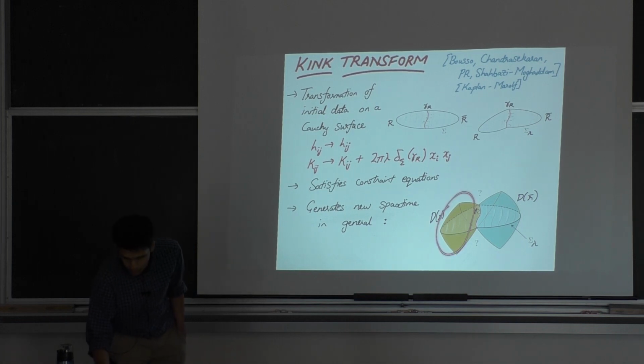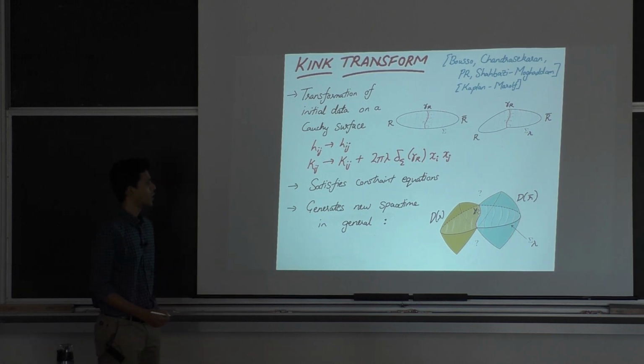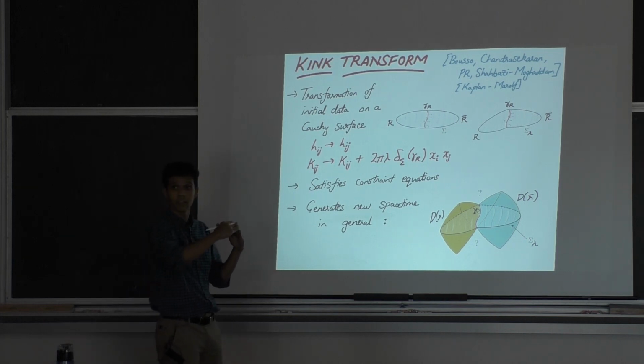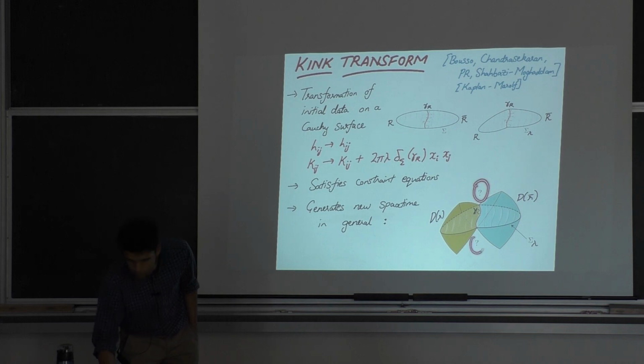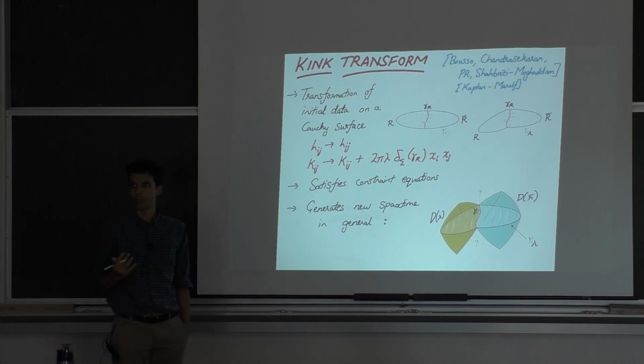So you have one copy of this left entanglement wedge and one of this right entanglement wedge. But now, because you've glued them together in a slightly boosted fashion, the regions to the future and the past are not in general going to be the same anymore. So it will be some non-trivial solution that's changed in the future and the past.